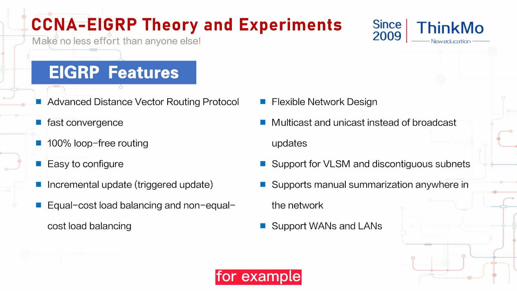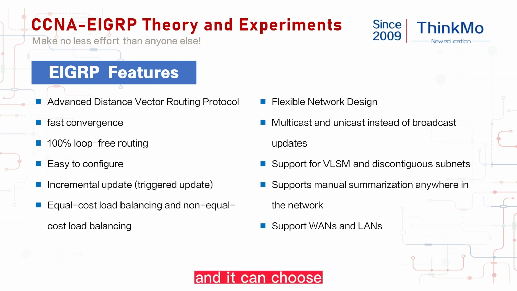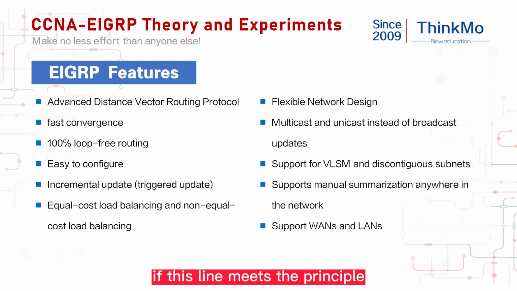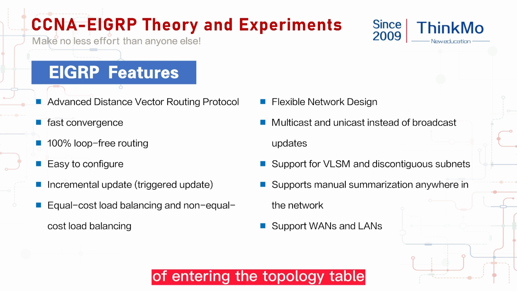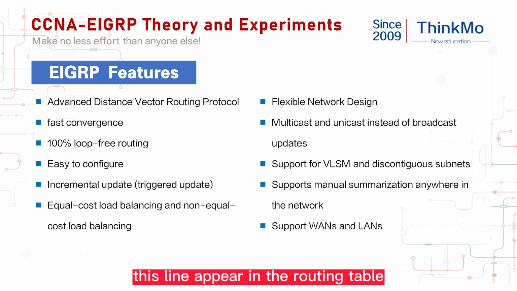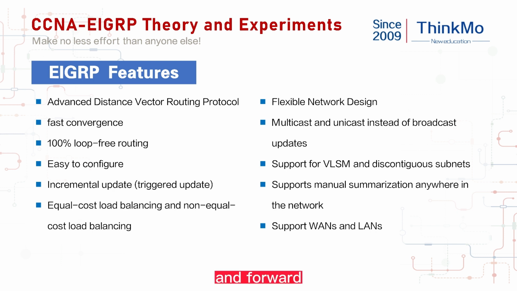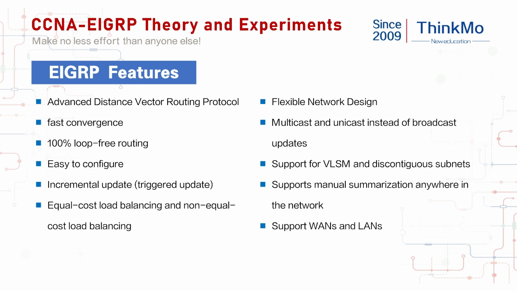For example, there are multiple routes to the destination, and it can choose if a line meets the principle of entering the topology table. We can put it in the topology table. If the main line fails, it can immediately make this line appear in the routing table and forward. It's a really nice mechanism.